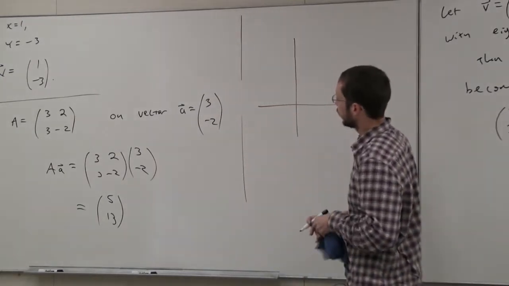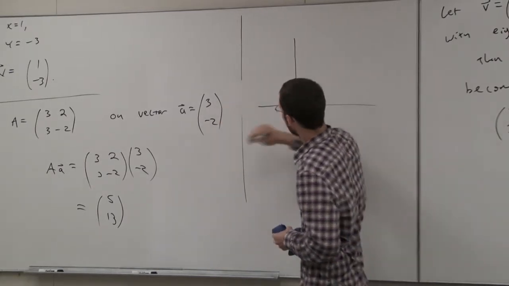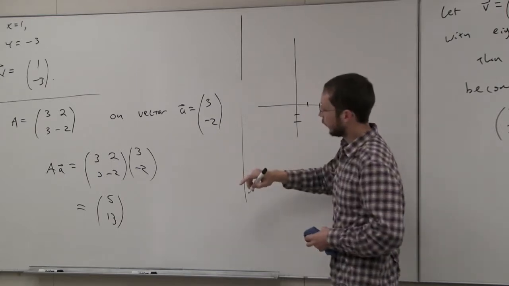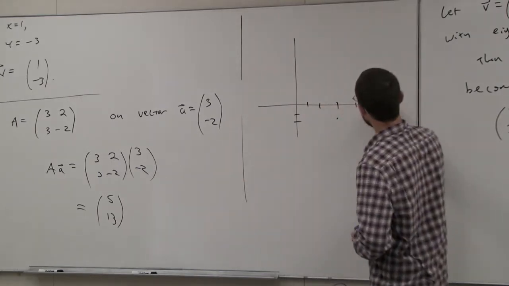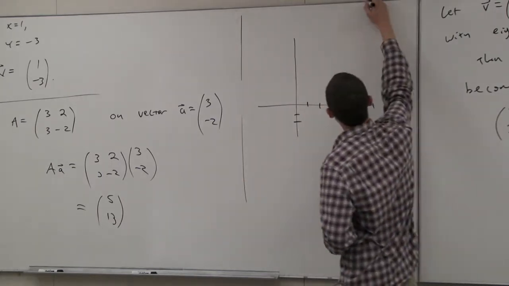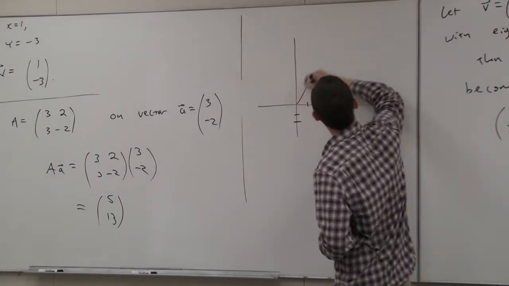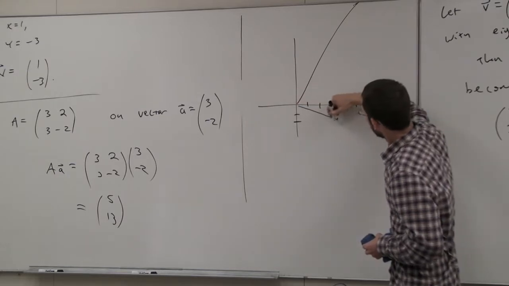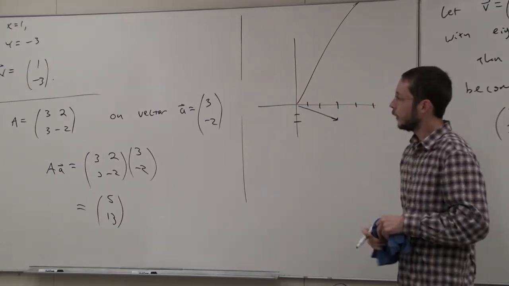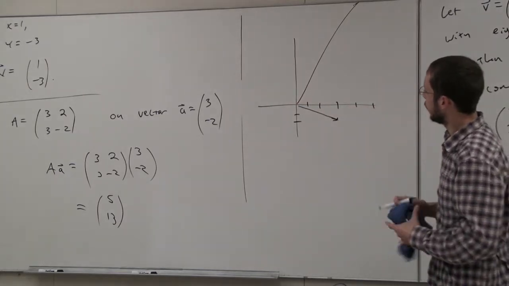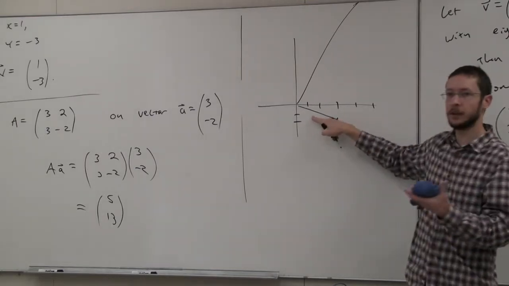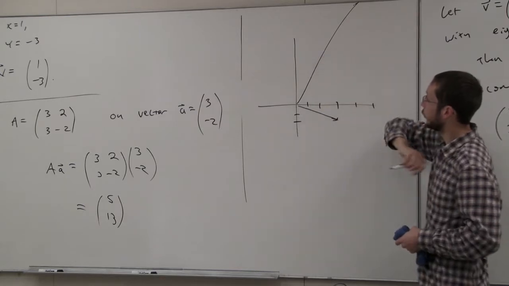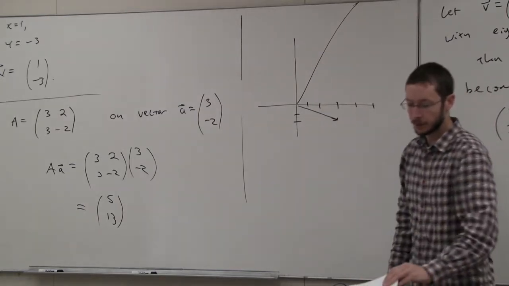So what have we got? We've got this vector here, 3, -2, gets sent to 5, 13. Nothing wrong with that, but the exact geometric relation between this original input vector compared to that output vector is not necessarily that clear.